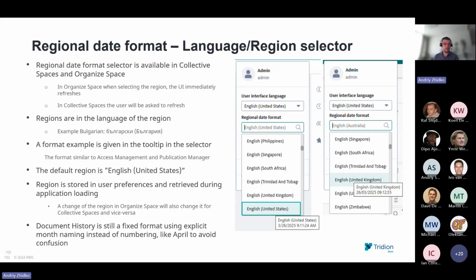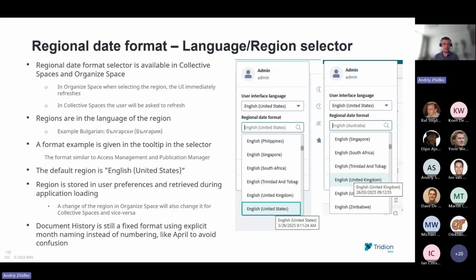The default region, if it was not changed by the user or set previously, is English United States. As I said, it is stored in the user preferences, and if you change it in organized space, this will also be reflected and displayed in the same way in collective spaces and vice versa.